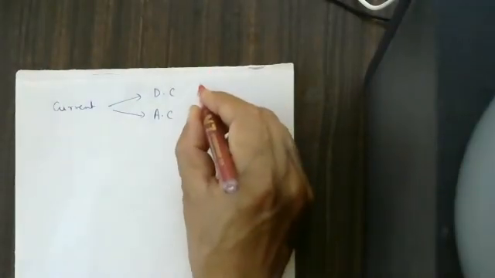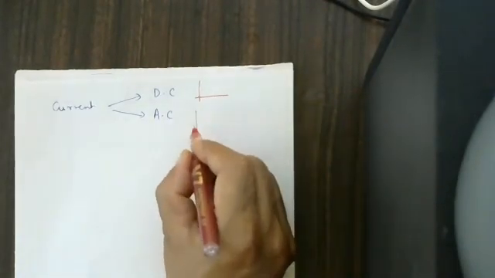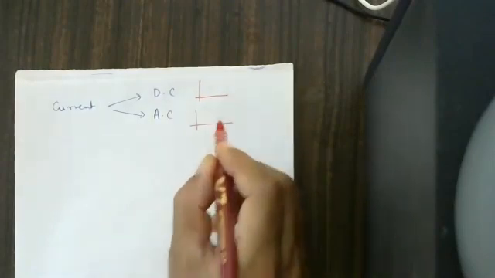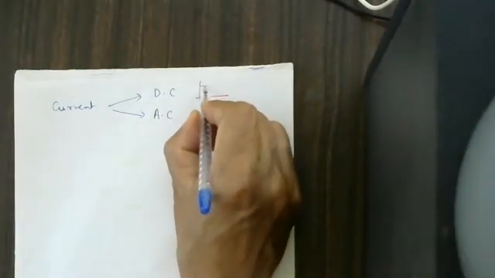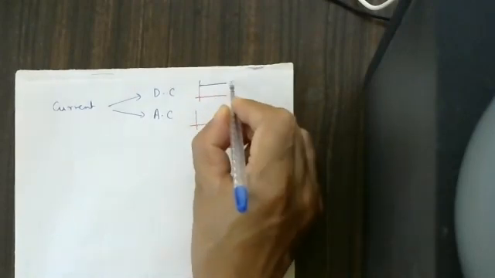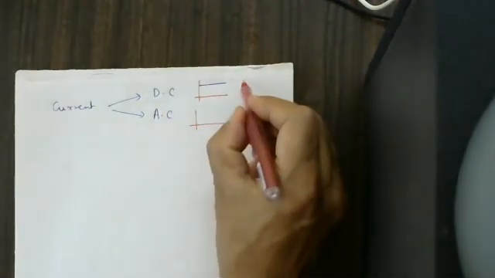In DC, the voltage is a constant voltage. Let me show the graph for both cases. This is the graph for steady DC. Variable DC I can show like this.